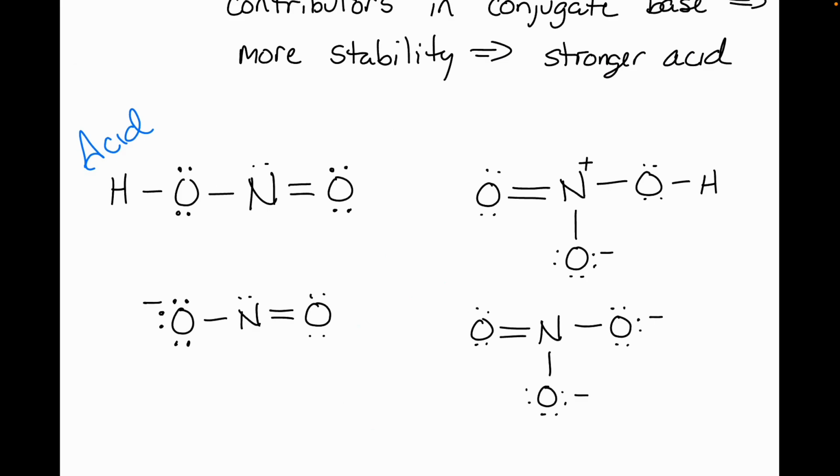Okay. Both of these molecules have resonance associated with them, right? So how can I tell which one's going to be the more stable of the two? The one has more resonance structures, right? So there are two contributors that I can draw here, and there are three contributors that I can draw here, right?